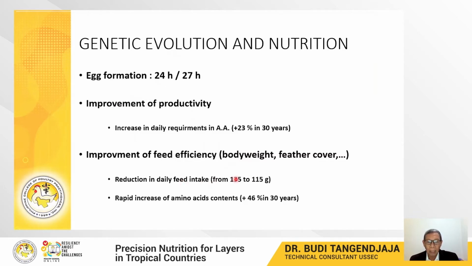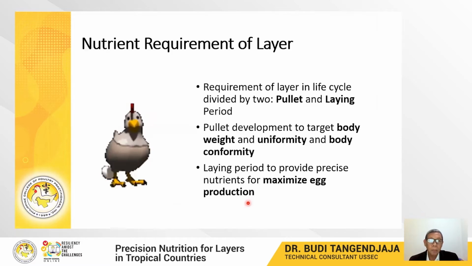Back probably 30 years ago, the feed consumption was 135 grams, but nowadays it's common to become 150 grams. So you have to increase the nutrient density in the feed. It was reported that the amino acid requirement in the feed may have increased probably 46% in the last 30 years. So what is the requirement of the layer? If we're talking about the requirement of the layer, we have to divide it in two.